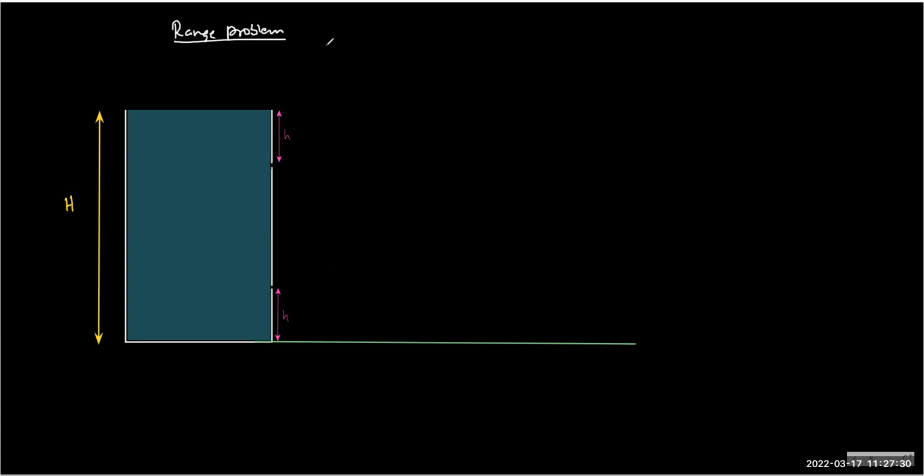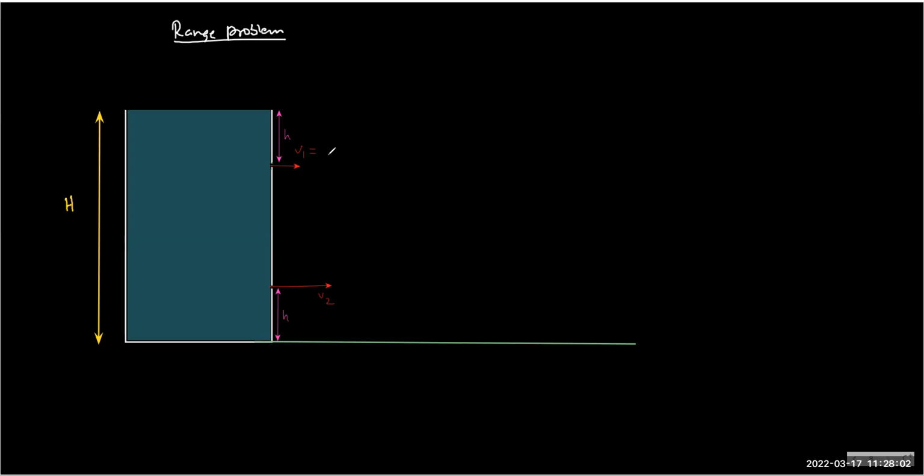which velocity will be bigger, v1 or v2? Let's say this velocity is v1. This is v2. So which will move faster, the top or the bottom? Bottom. So as per Torricelli's theorem, the velocity of efflux depends on the height of the liquid above the orifice. So what is v1?